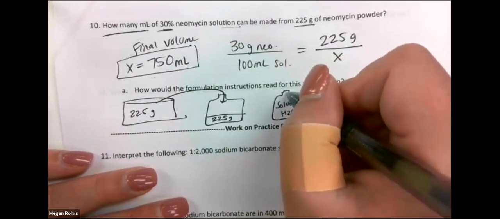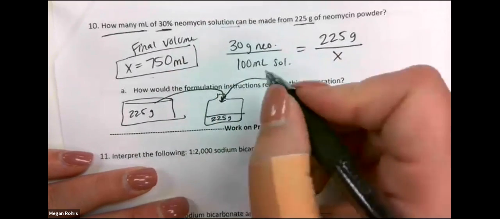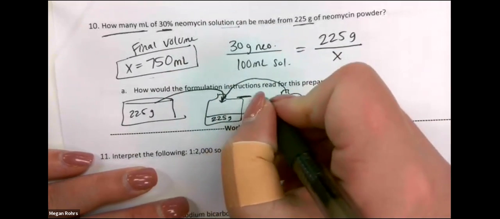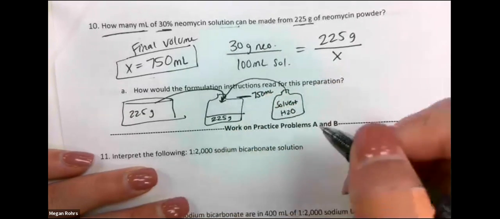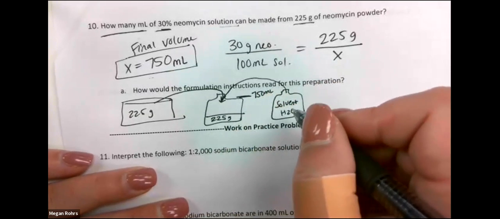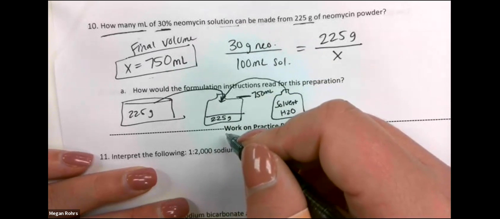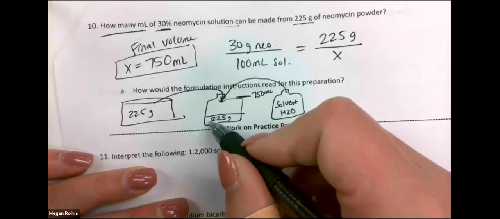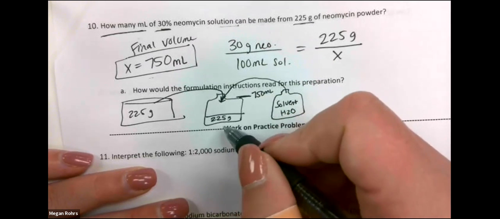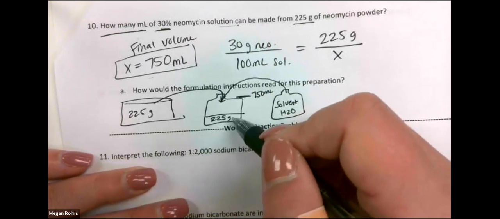We know that we're going to need to add enough solvent to get us up to a final volume of 750 mL. That does not mean we're adding 750 mL of this solution to this bottle, because when this powder dissolves, it's going to take up space of its own. Right now, we're only measuring that in weight, which is grams.